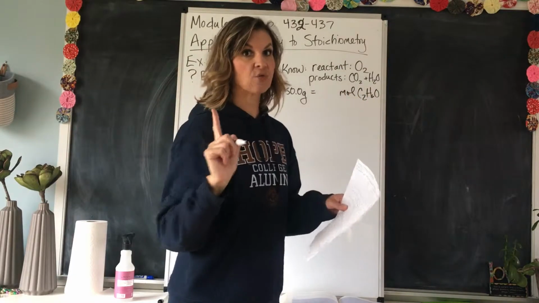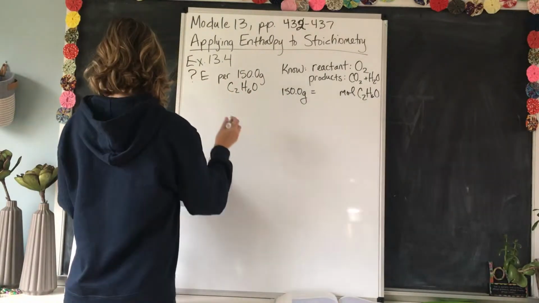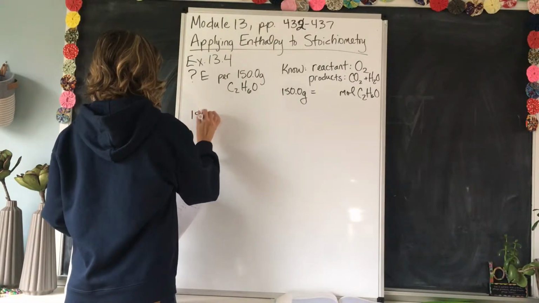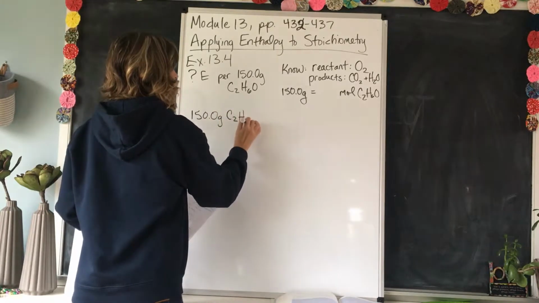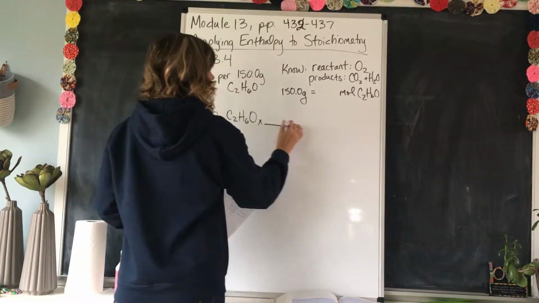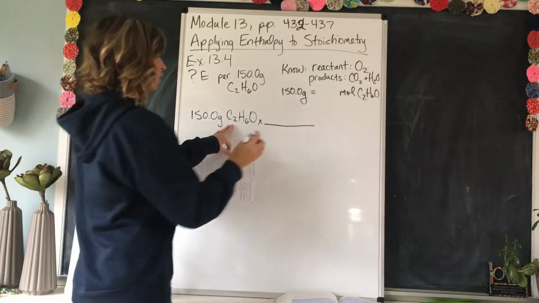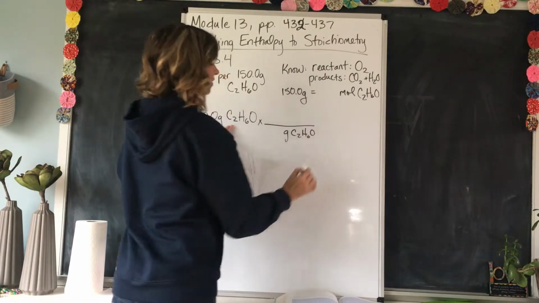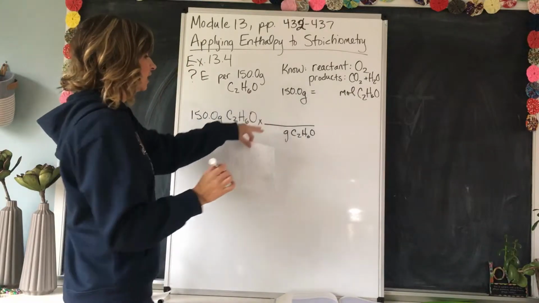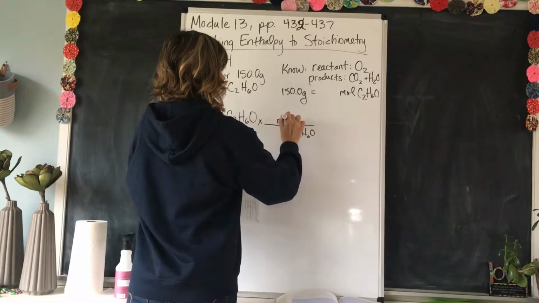Let's figure that out right now. To do that, we start with 150.0 grams of C2H6O. We use the factor label method, so we want grams of C2H6O on the bottom, and we are converting into moles of C2H6O.